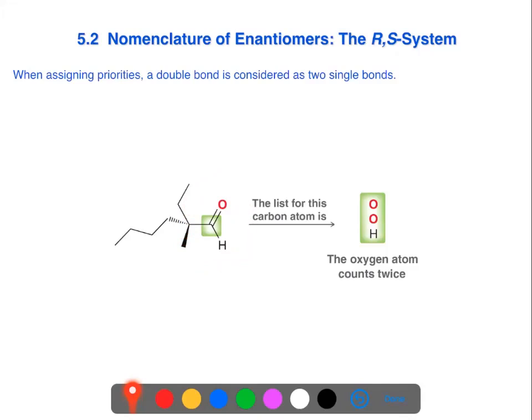And if we wanted to determine what atoms are directly attached to this carbon for the RS system, we would list the atoms bound to this carbon as being oxygen, oxygen, hydrogen. So there's not 2 oxygens bound to this particular carbon, but this is how the RS system is used to assign priority when double or triple bonds are found in the structure.